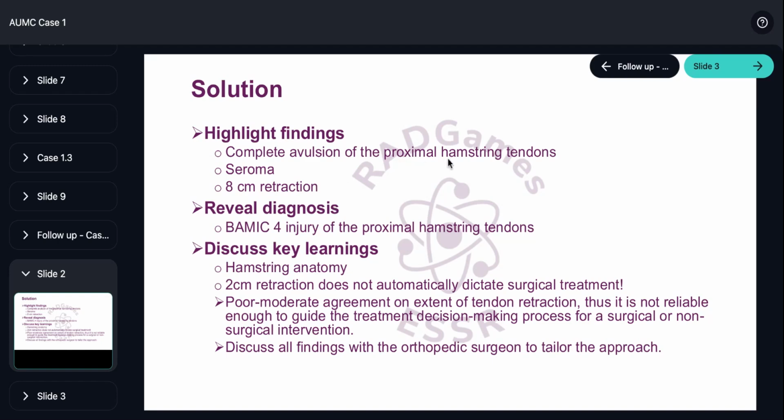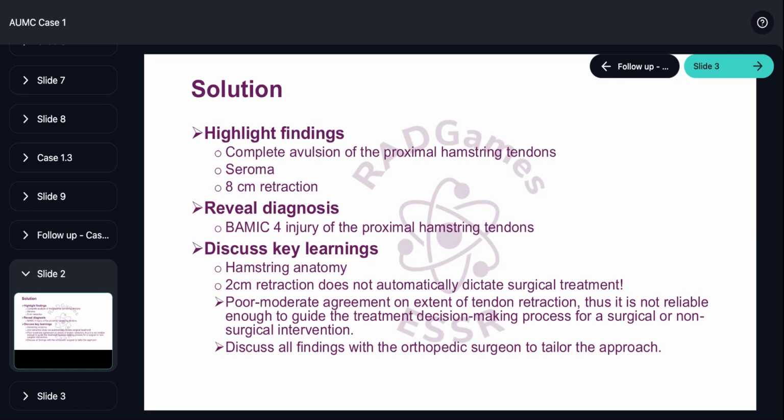So to conclude, we've shown a case with a complete avulsion of the proximal hamstring tendons with a seroma and about 8 centimeters retraction, which is consistent with an Amis type 4 injury of the proximal hamstring tendons. And we discussed the hamstring anatomy.